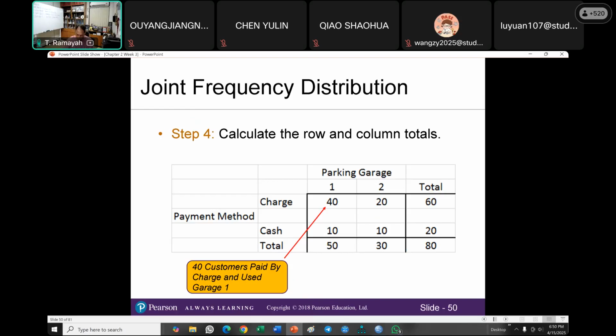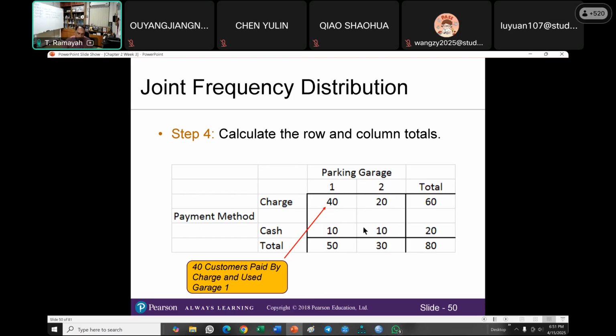So those are the numbers. So 80. We can also calculate the proportion. We have many proportions we can calculate here. We can calculate the column total or the row total. If the row total, it means 40 divided by 60, you get a percentage here. 20 divided by 60, you get a percentage here. 40 divided by 50, we get another percentage called column percentage.